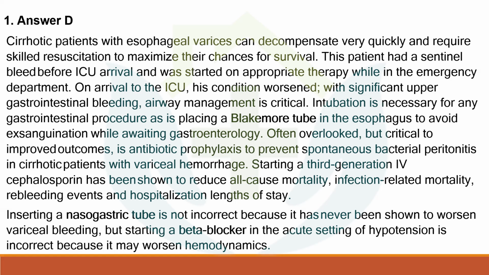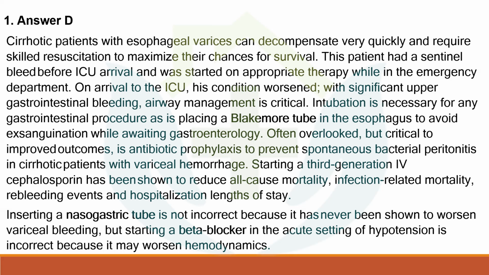The airway should be protected before any endoscopy in a bleeding patient, or if you are putting a Blackmore tube or a Minnesota tube, any tube you are putting. Antibiotic prophylaxis is often overlooked but critical to improve outcomes: it prevents SBP in a cirrhotic patient with variceal hemorrhage. Starting a third generation IV cephalosporin has been shown to reduce all-cause mortality, infection-related mortality, rebleeding, and hospitalization length of stay.